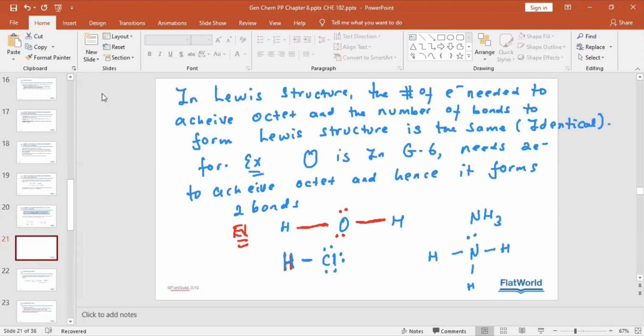It's found in group 5. So nitrogen requires 3 more electrons to achieve octet, so it requires three more bonds. The number of bonds an atom needs to achieve octet and the number of bonds it forms are identical or similar here.